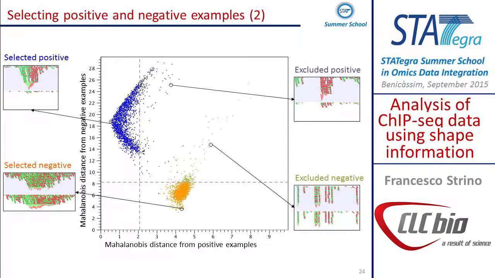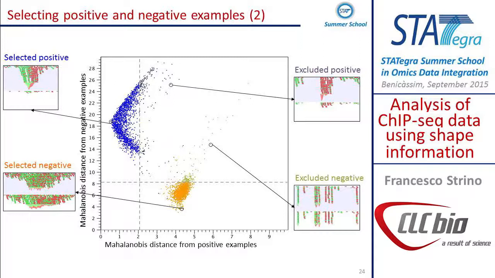So for example, this pattern is showing that this cluster is all the things that were selected as positives, and this cluster is all the things that were selected as negatives. Then we can calculate the distance from the positive examples for all the positives, and from the negative examples for all the negatives. And we see that things that are very close to how a positive should look have this very, very nice shape that we're looking for.